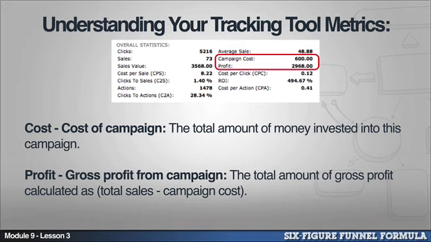Hypertracker refers to it as gross profit because it doesn't take into account any costs if you are selling a physical product or any shipping costs. So profit is the total sales value minus the campaign cost, and it'll tell you what your profit is.